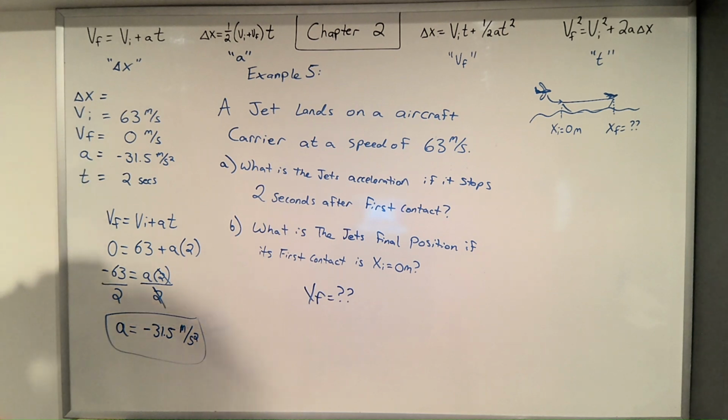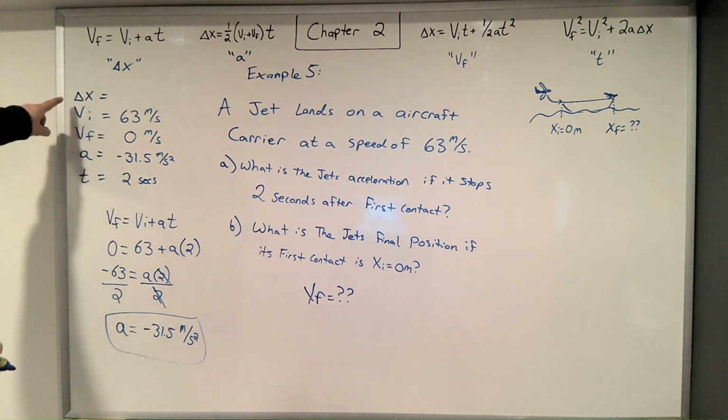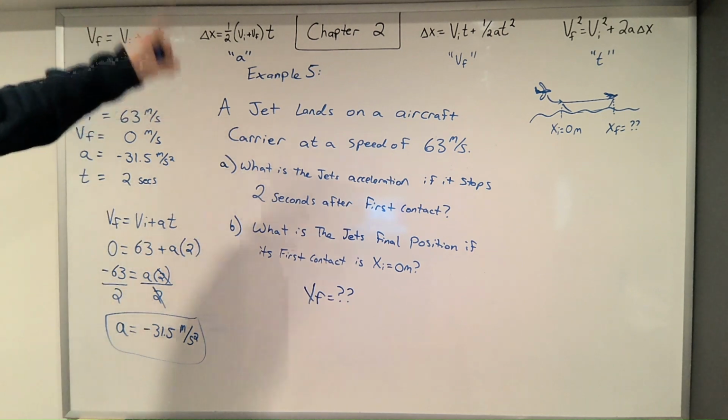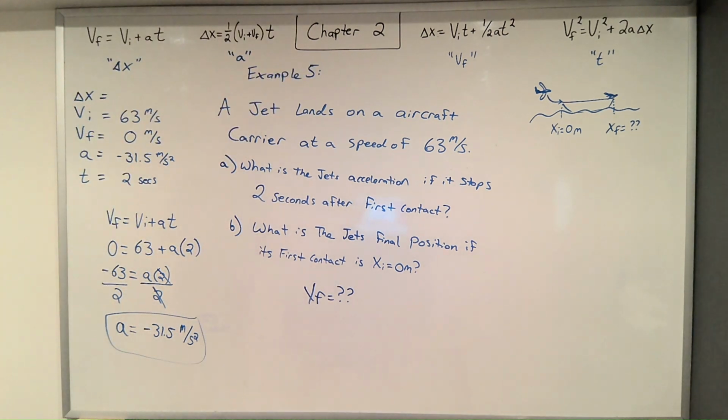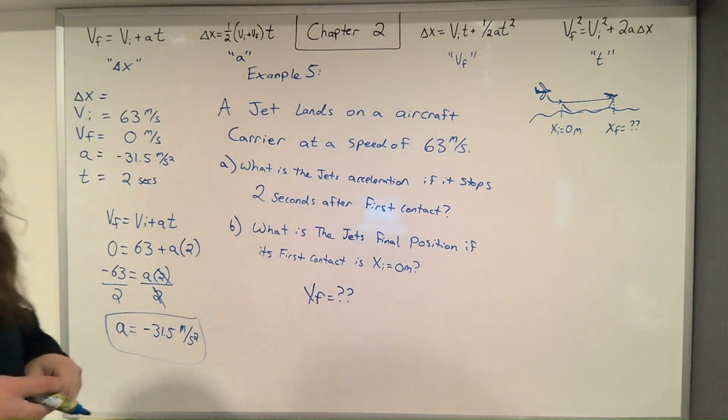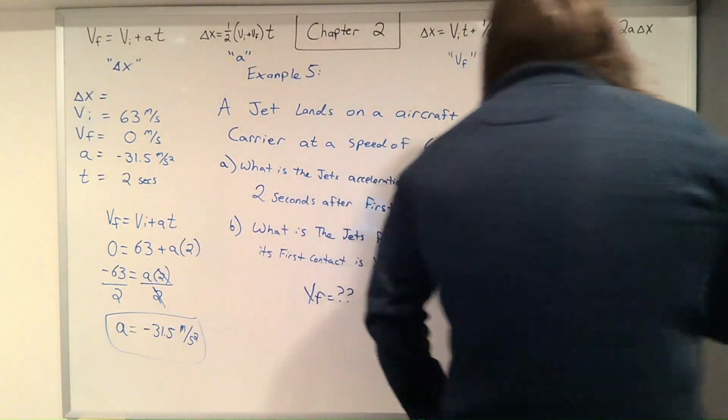So if I solve for delta x, I can figure out what the final position was. So I need to do a two-parter. First off, let's find delta x. I have every other bit of information, so I can pick any one that I would like in order to find out what that position, or displacement, is. So I'm going to grab number 2.